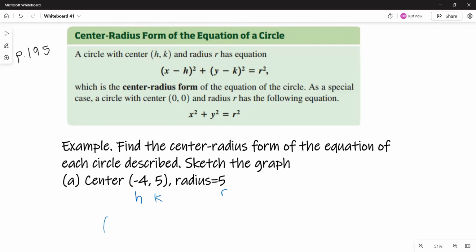That's going to be x minus -4 squared plus y minus 5 squared equals r squared, where r squared is 5 squared.